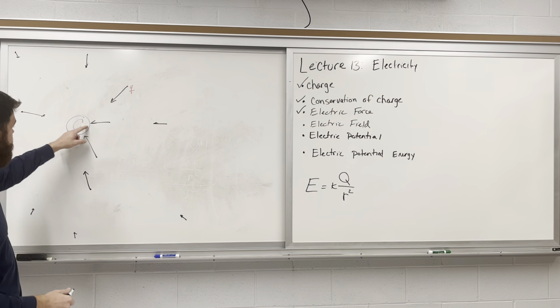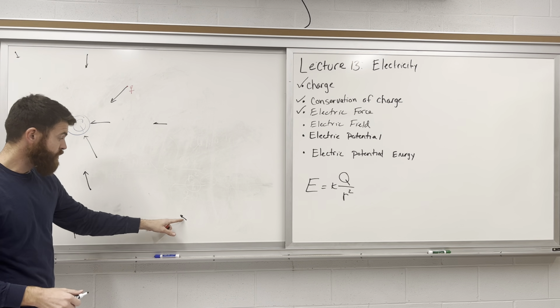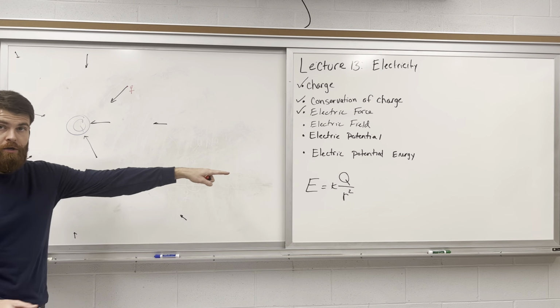So, as we go further away from Q, the force is weaker because R is larger, but it always points directly in toward the negative charge Q that's now setting up the electric field.